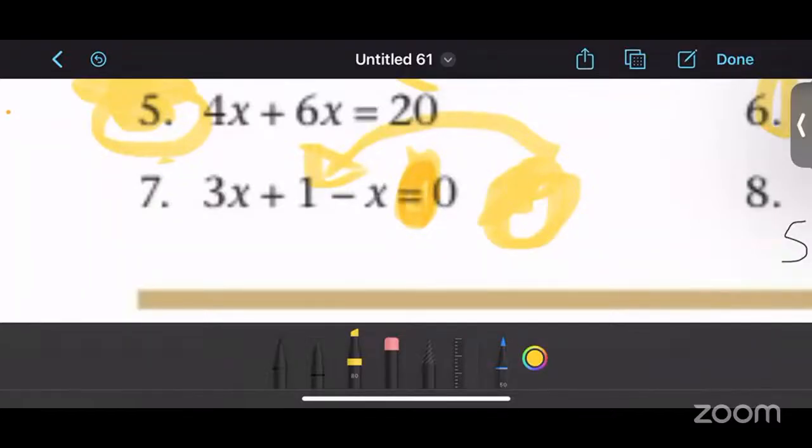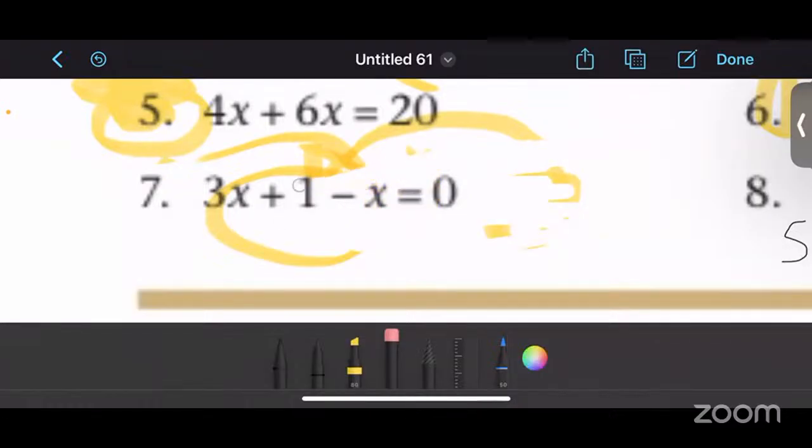But if you move it around here, it's not crossing an equal sign, so the sign will remain the same. Okay? Yes, ma'am. Only when we are crossing the equal sign to the other side. But if it's just on one side, it remains the same.